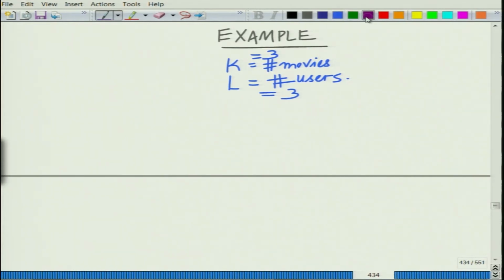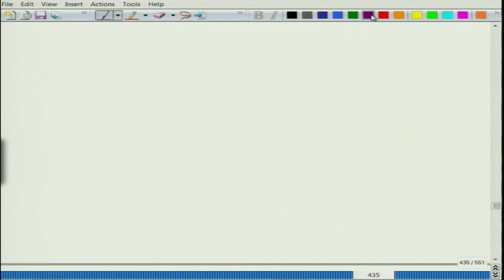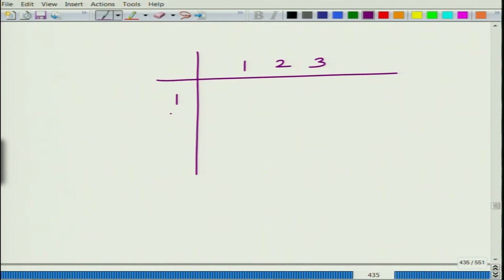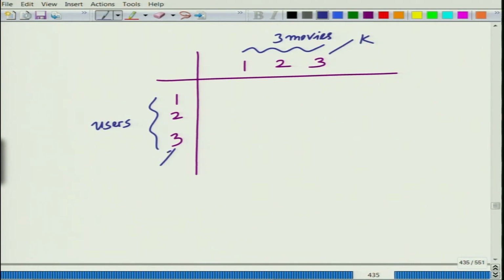And remember, we have this recommendation of movies, that is the table with users and their recommendations. So, the columns are essentially the movies and the rows are the users. So, for instance, we have 3 users and 3 movies. This is your K, this is your L.